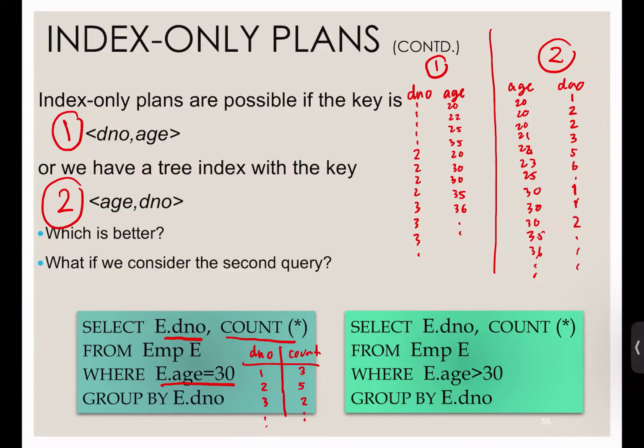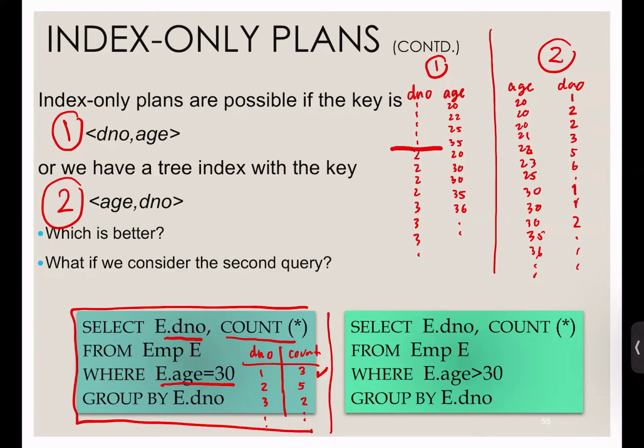Okay. Now, if we want the left one, age equals 30, and I want to count how many. If you pick number 1, that means I'm going to answer this first row. So I go to DNO 1, and then I count people with age 30, which is not bad because all of these are sorted.